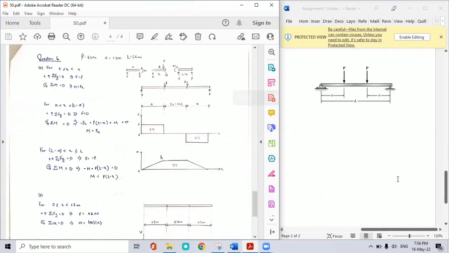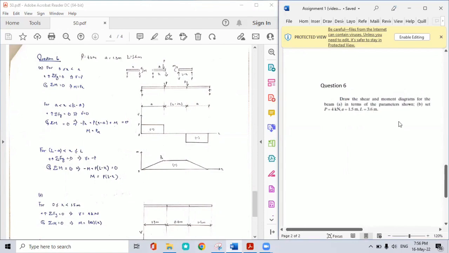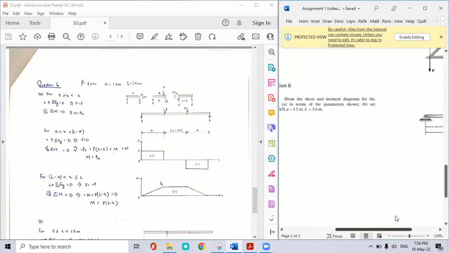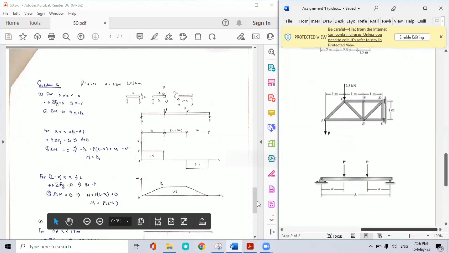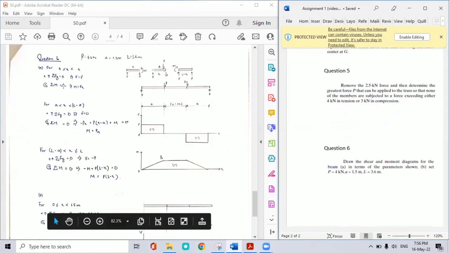For question 6, draw the shear and moment diagram for the beam in terms of the parameters shown. Then set P equal to 4 kilonewton, A equal to 1.5 meter, and L equal to 3.6 meter. Because we have different time instances, we need to set our own time instant.